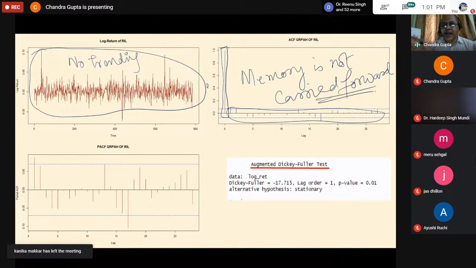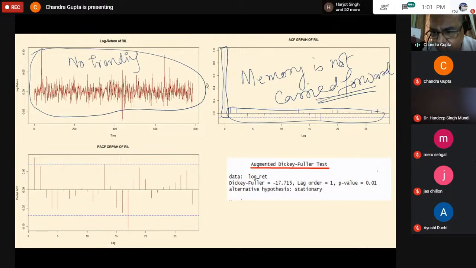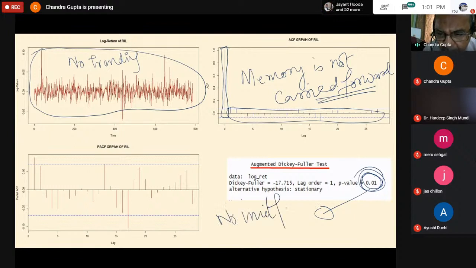And if the memory is not carried forward, then you are going to get a stationary series. And that can be verified from the ADF test. Look at the p-value, it is 0.01. That means no unit root. Hence, the series is a stationary series.